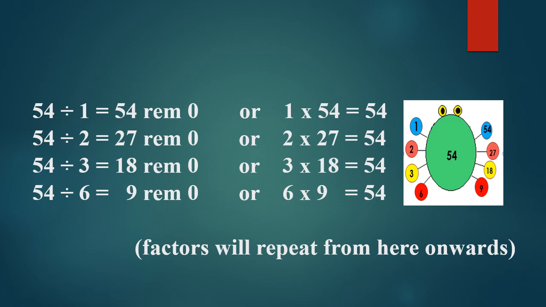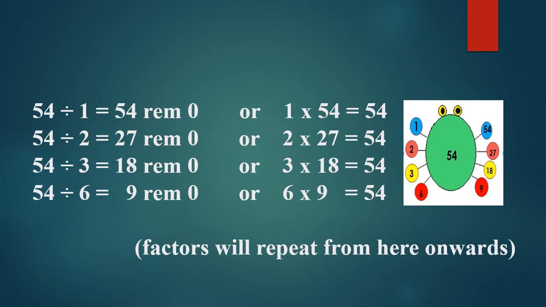That means 3 is another factor of 54. Now 54 divided by 6 is equal to 9 remainder 0, or in other words 6 nines are 54. Factors will repeat from here onwards, so we have to stop here.